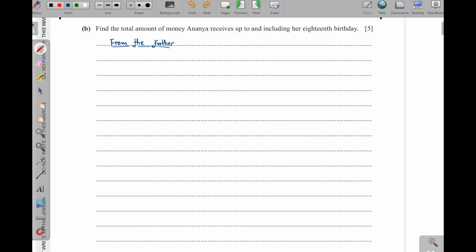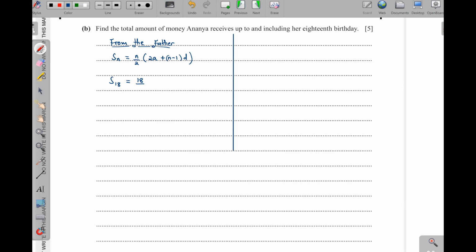Okay, they said total up to and including the 18th. So here we are getting the sum of the terms. Remember, from the father it is an AP. So we have Sn for an AP is n over 2 into 2a plus n minus 1, then times d. So on the 18th birthday, that means n is 18.